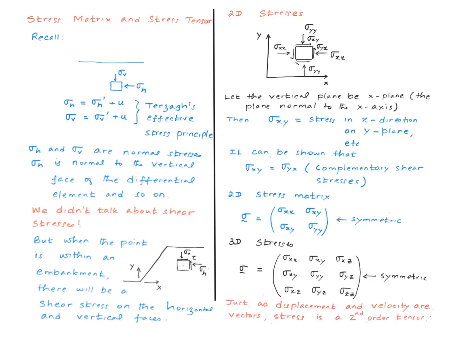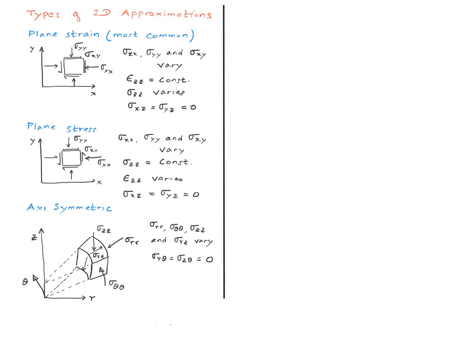Here are the 3 types of two-dimensional approximations: plane strain, plane stress, and axisymmetric. In the plane strain and plane stress problems, the stress and strain components in the xy plane vary. The shear components involving z are 0 in both cases.